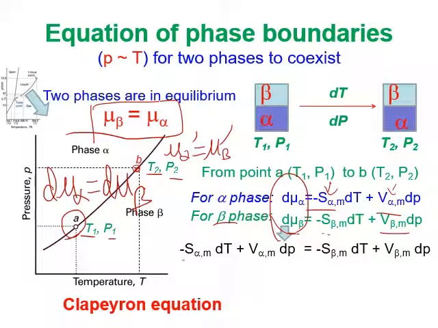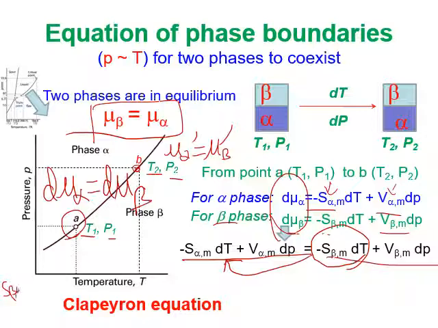The left side represents the chemical potential change for the alpha phase, and the right side is the chemical potential change for the beta phase. So now let's rearrange this equation. We can move this term to the left side, so negative becomes positive. So we have the entropy of the beta phase minus the entropy of the alpha phase, times dT.